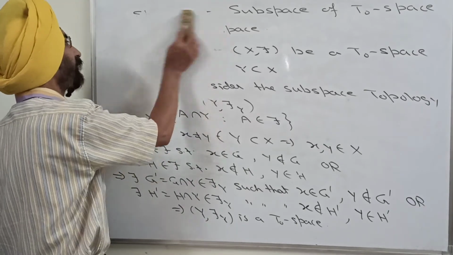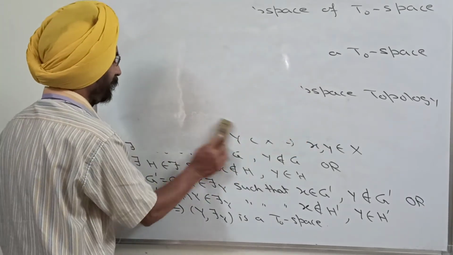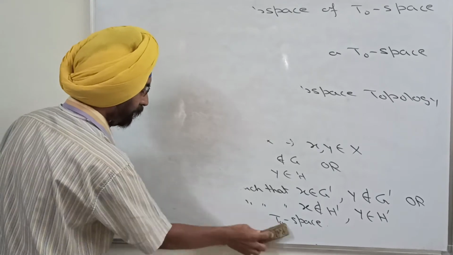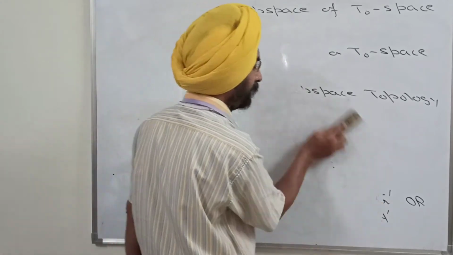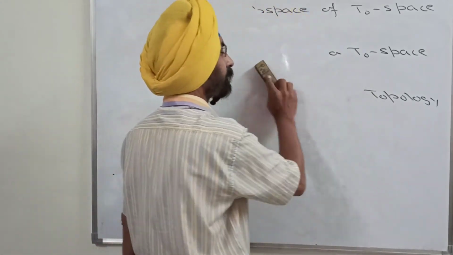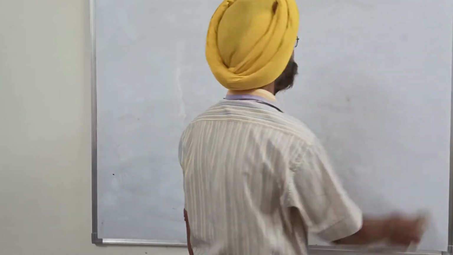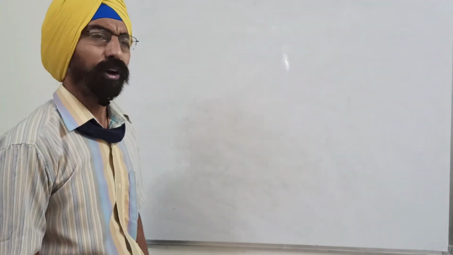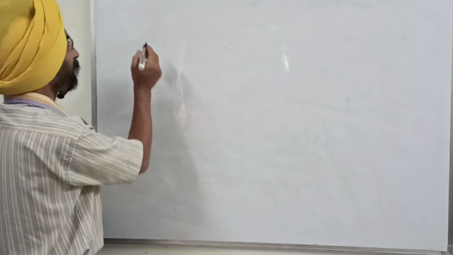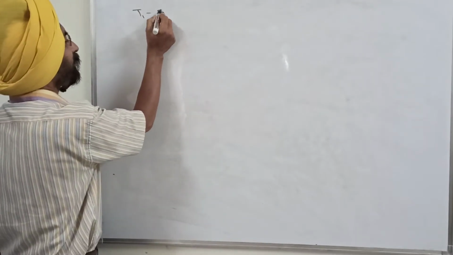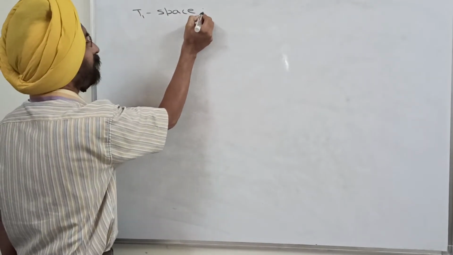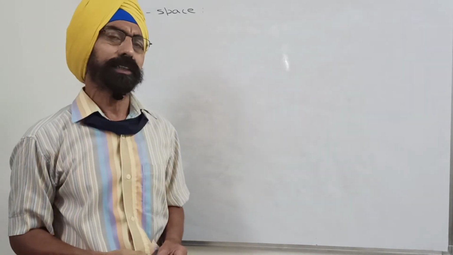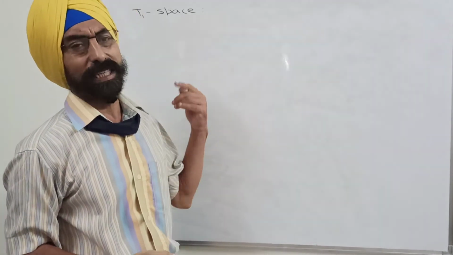Now, the difference between T0 and T1 spaces will be the basic thing, and then we will consider some examples, some properties, some theorems of T1 spaces. First of all, what is a T1 space? Definition. The definition of T1 space is very much similar to the definition of T0 space.